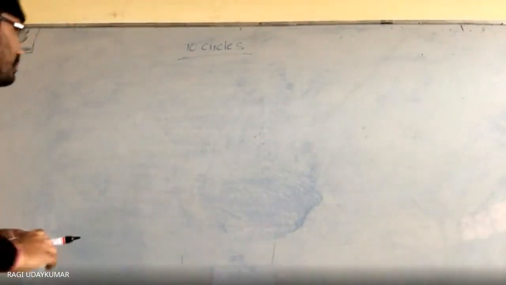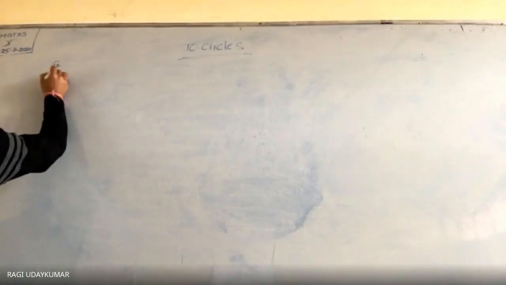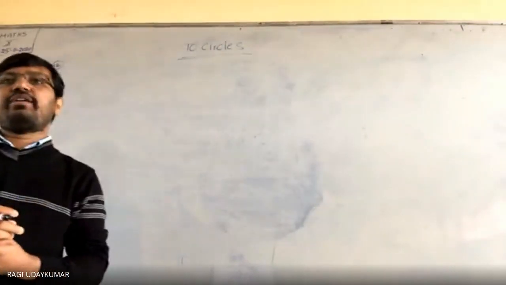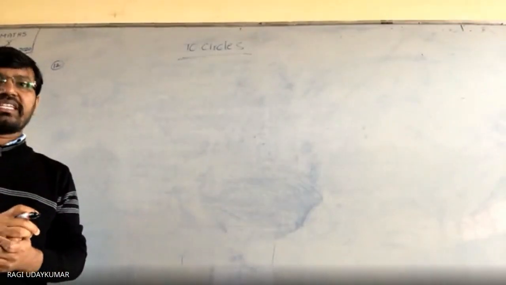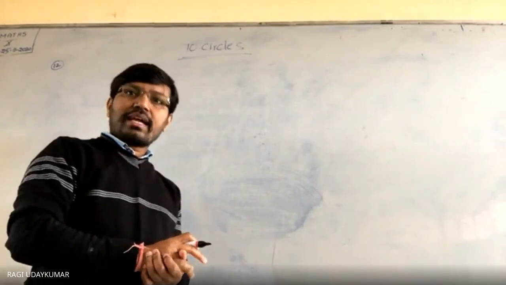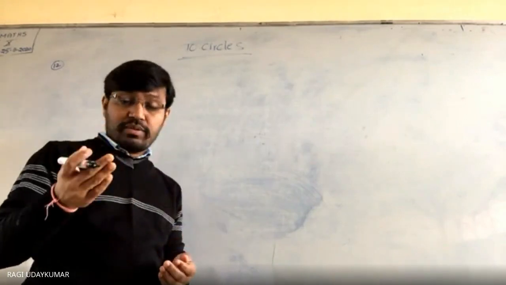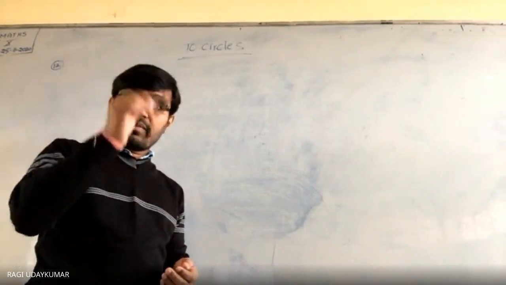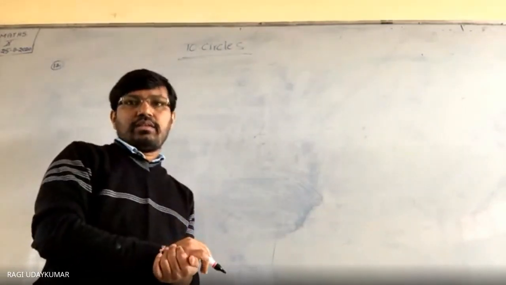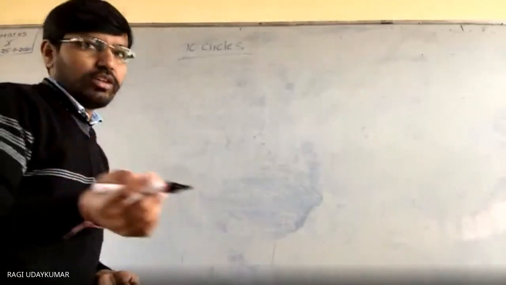Now the 12th problem. This is a very important problem from the examination point of view, and a different kind of problem. The question is: a triangle ABC is drawn to circumscribe a circle. Circumscribe is nothing but drawing a triangle around the circle. The figure is also given to you.